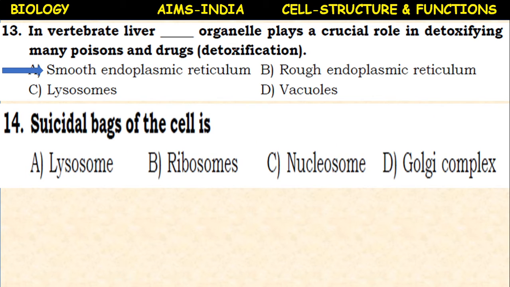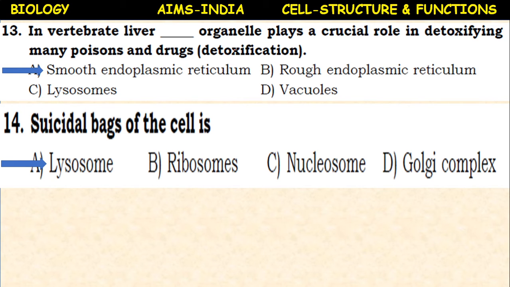Next, suicidal bags of the cell. Which of the cell organelles is called the suicidal bags of the cell? Lysosome, ribosome, nucleosome, Golgi complex. So it is lysosomes. Why are they called suicidal bags of the cell?